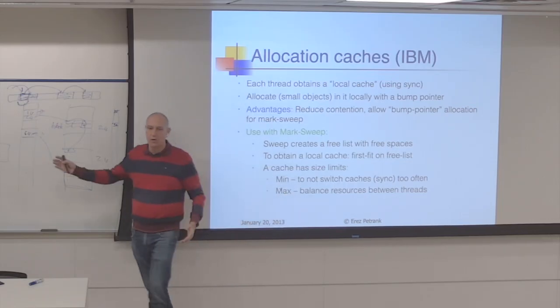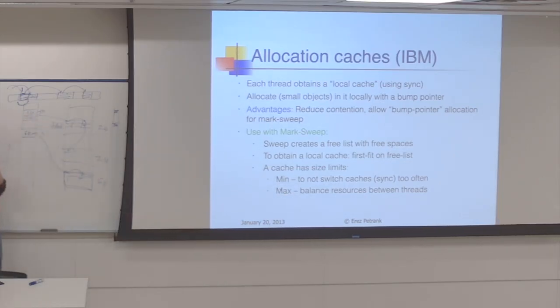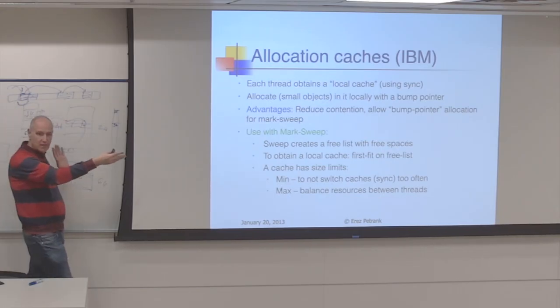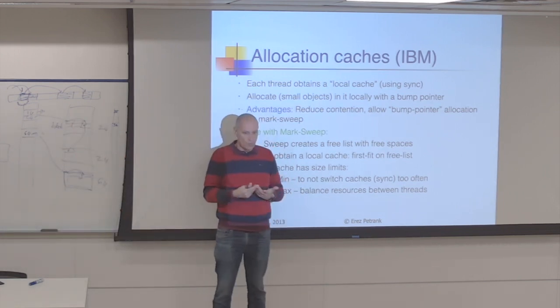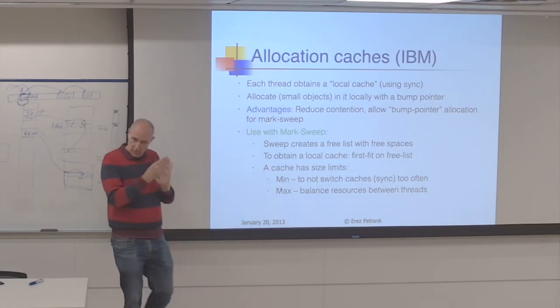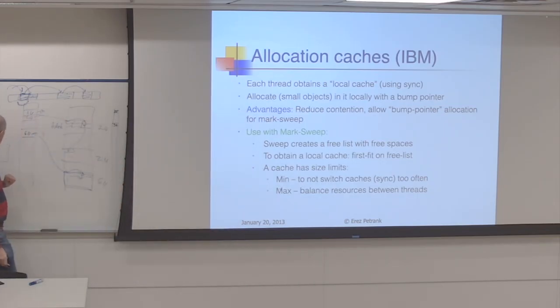I don't want to take all that I see to be my local cache because others will not have space. Especially in the beginning of the program, all the space is one chunk of a free list. Everything is free. I don't want to take all of it and make it my own allocation cache because then no one else will have space. So I do have a minimum and a maximum.